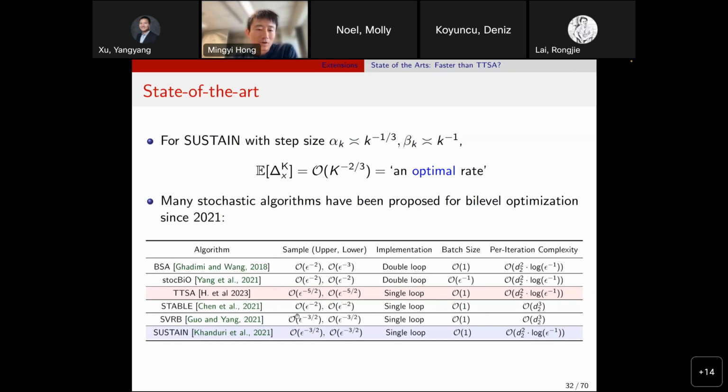And then a few other works. What I'm trying to say is that even for the simplest setup, there's a lot going on. Here, when I say simple, I mean the lower level problem is strongly convex, and also everything is unconstrained.